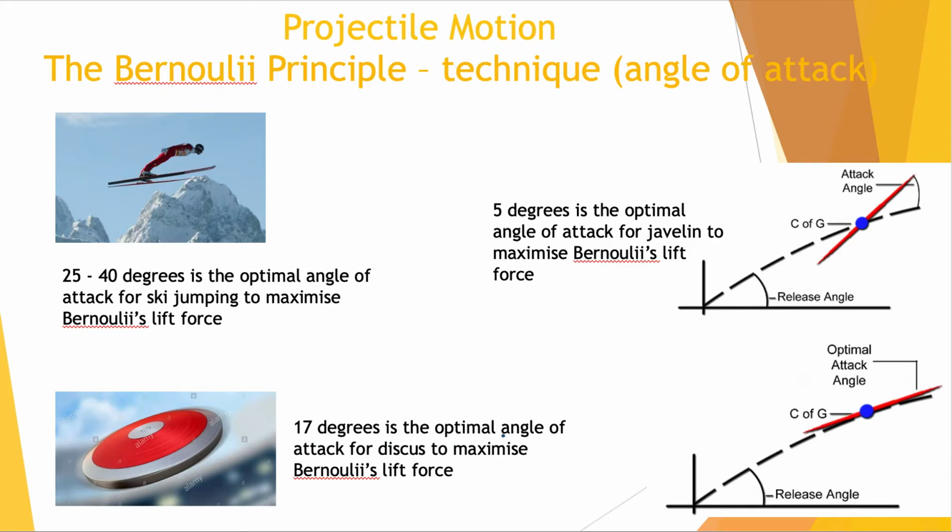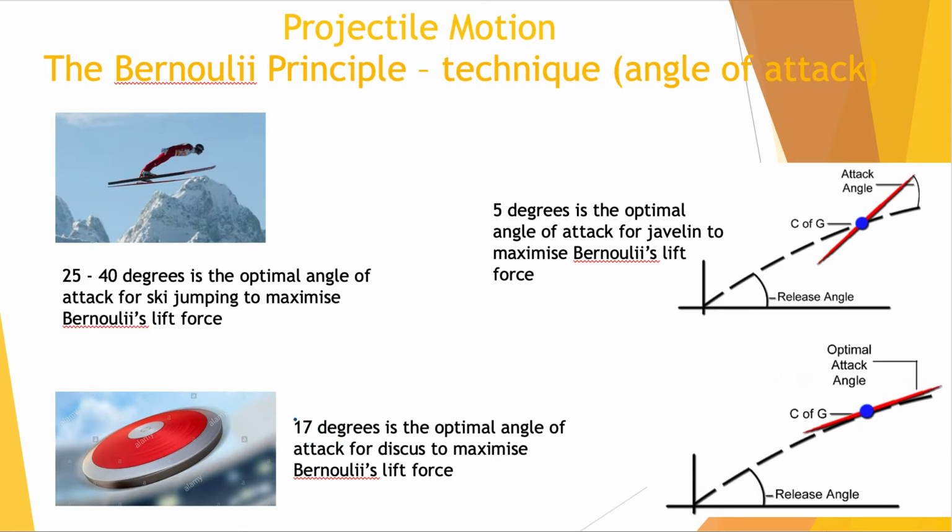And they would be able to see that using wind tunnels. Actually, in the wind tunnel, the javelin itself or the discus itself is still, and they blow air at the object. And using the technology of the wind tunnel, they can see where that air is going and then calculate this optimal angle of attack.